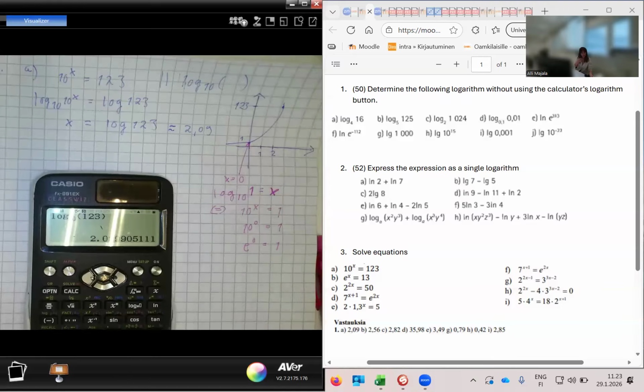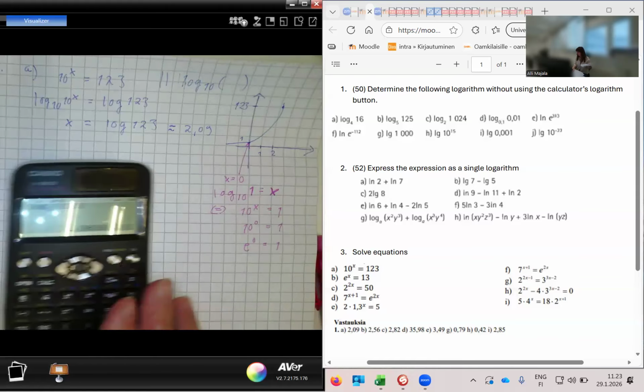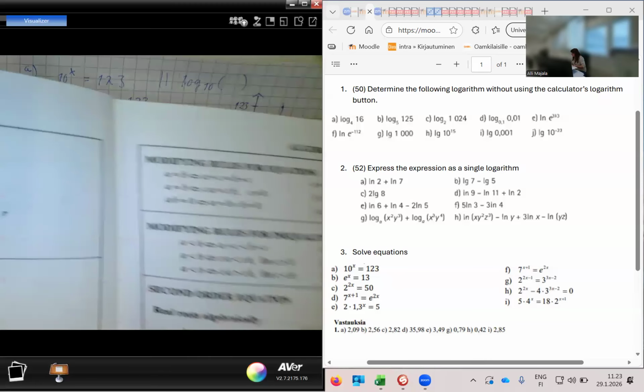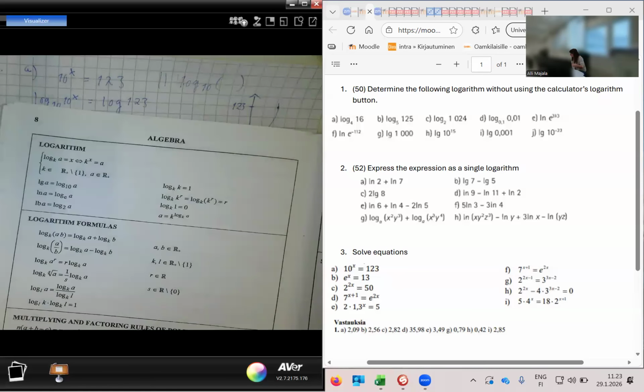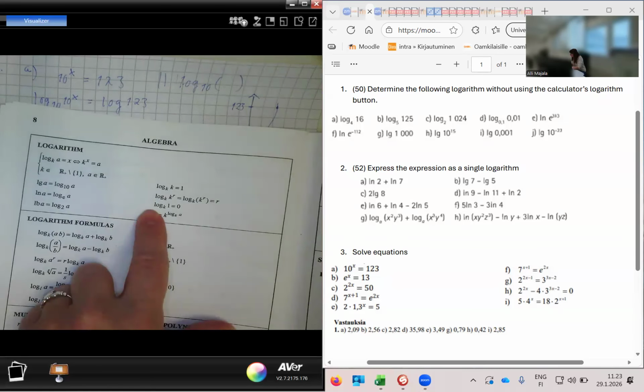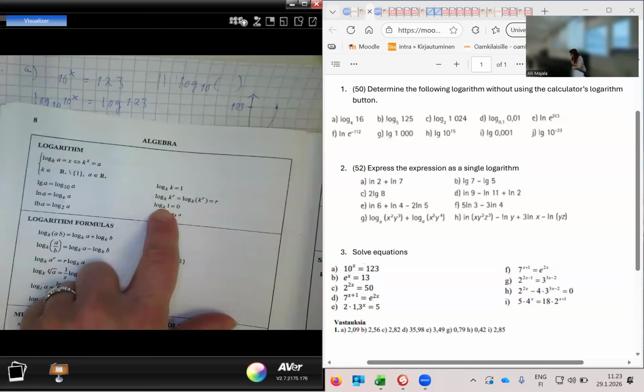Maybe it's somewhere here. Yeah, it's there. Any base you have to 1, it always goes through 1 at x is 0.